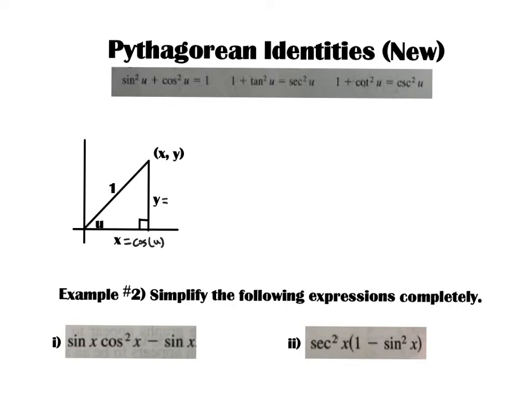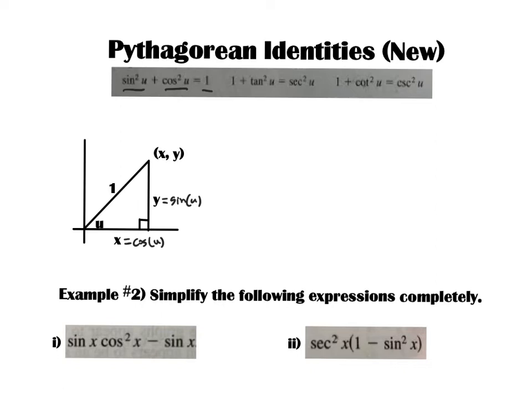In this case, the angle is called u, and y is the sine of u. Therefore, Pythagorean theorem would tell me that sine squared plus cosine squared is equal to 1 squared. Now, that is one of the most used identities that you will see throughout chapter 4, as well as into calculus as well. So be aware of that.